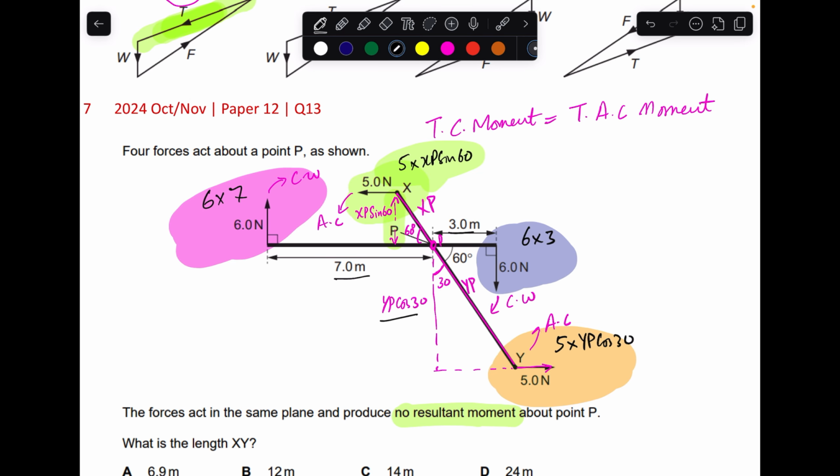Total clockwise moment is 6 into 7, plus the second clockwise moment is 6 into 3. That must equal the anti-clockwise moments, that is 5 into xp sine of 60 plus 5 into yp cos of 30.